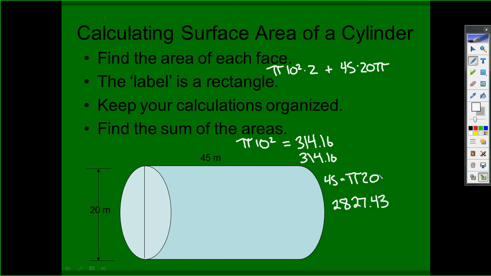That is also a rounded number. That will give me my surface area, or I can add these two numbers plus this number.